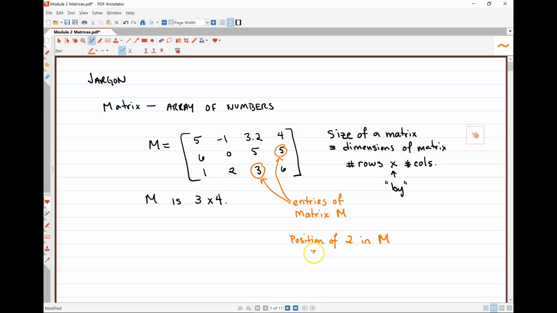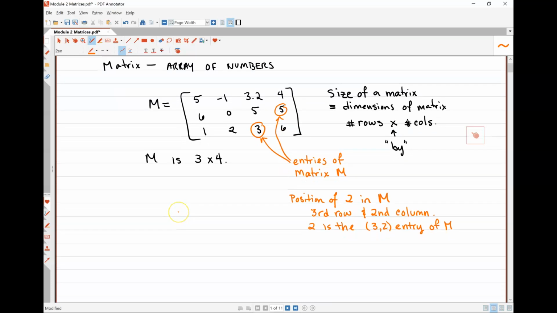It's in the 3rd row and the 2nd column. Another way of saying that is to say that 2 is the 3-2 entry of M.